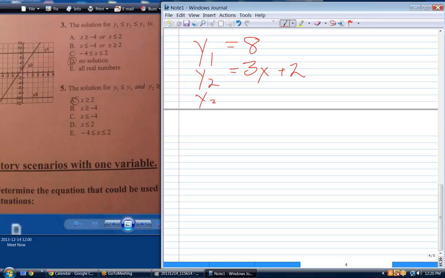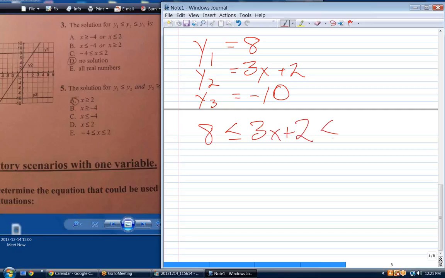What's the equation for y sub 3? Negative 10. All right. So the solution. How can I write an inequality that states that right there? 8 is less than or equal to 3x plus 2, and then that is less than or equal to negative 10.